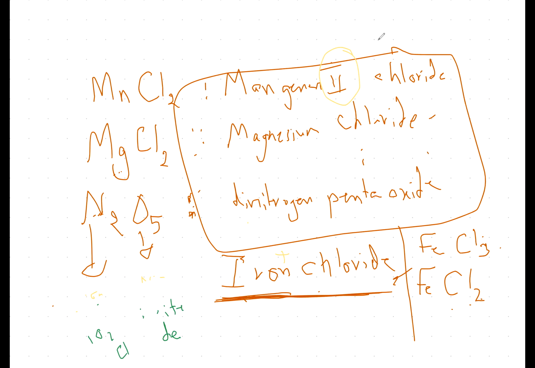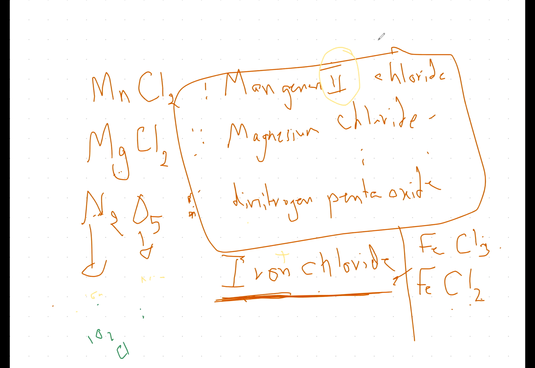When they say sulfite, there is oxygen. When they say nitrate, nitrite, this means there is oxygen. But chloride means there is no oxygen. Because just chloride is a chloride.